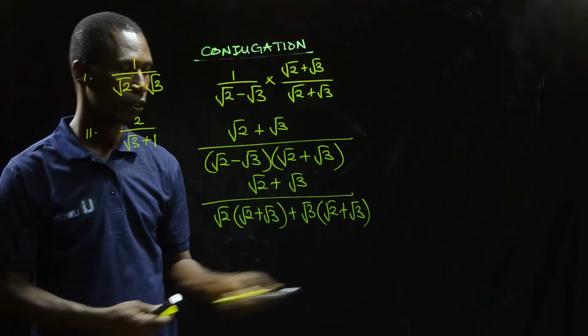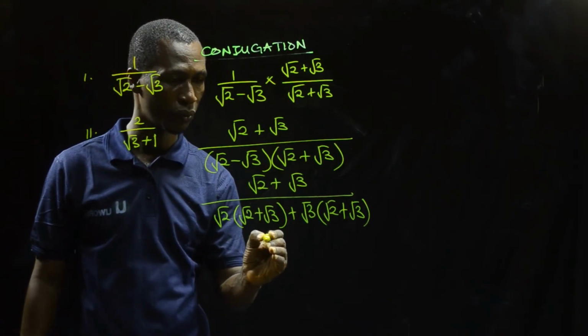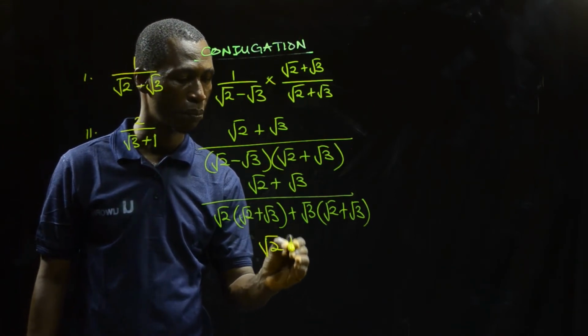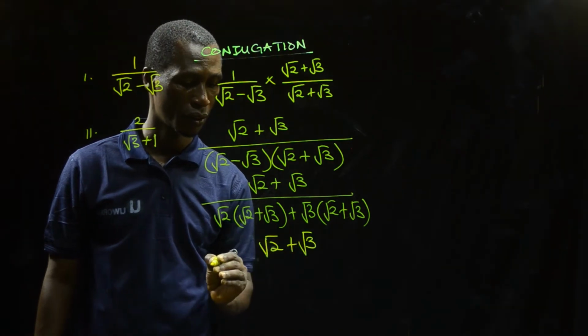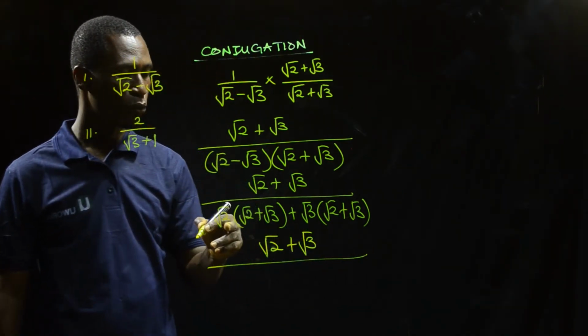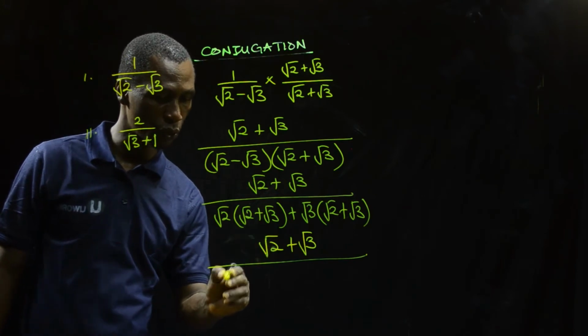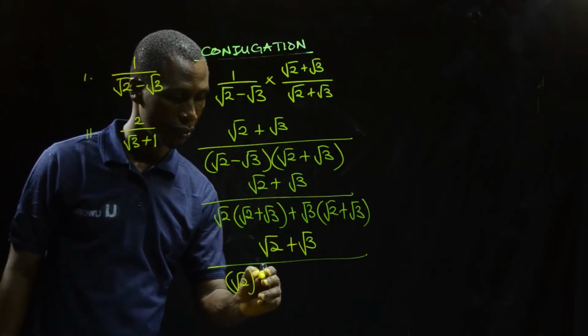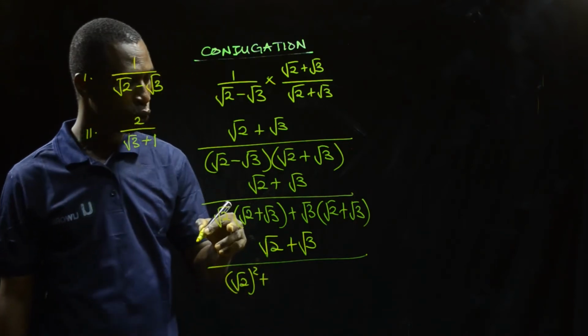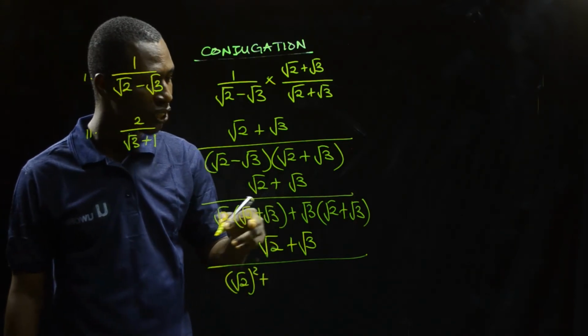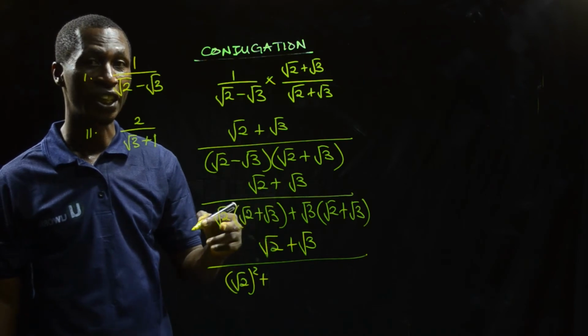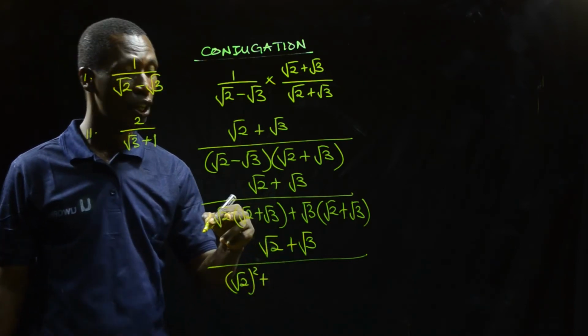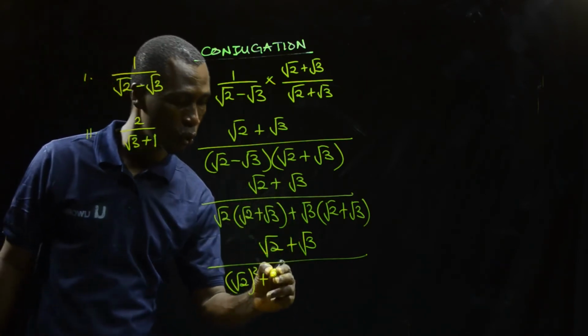So I have my root 2 plus root 3, all divided by. Now root 2 times root 2 is going to give me root 2 squared. Then plus root 2 times root 3. We say if the figures under the root are not the same, you multiply them under the root. So I'm going to get 2 times 3, which is going to give me root 6.